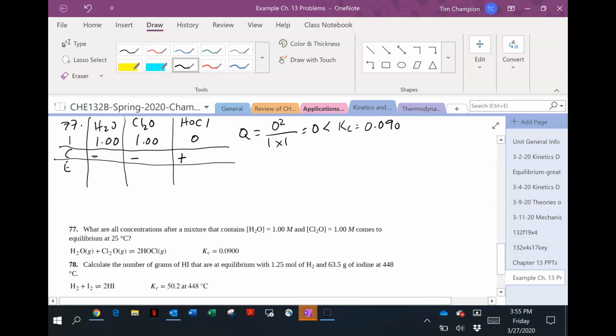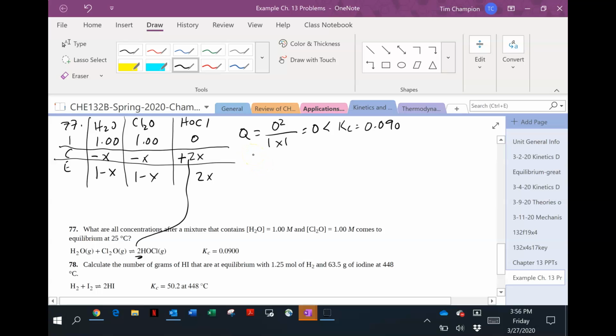And then the stoichiometry, the coefficients tell us that we lose 1x in water, 1x in Cl2O, and we increase 2x in HOCl because that 2 right there gives us that. All right, so at equilibrium, we're going to have 1 minus x on the E line for both H2O and Cl2O, and 2x on the HOCl line. And so we'll write our equation.